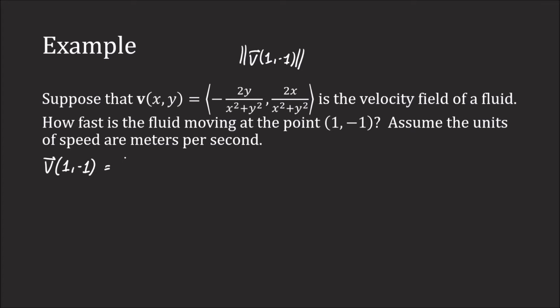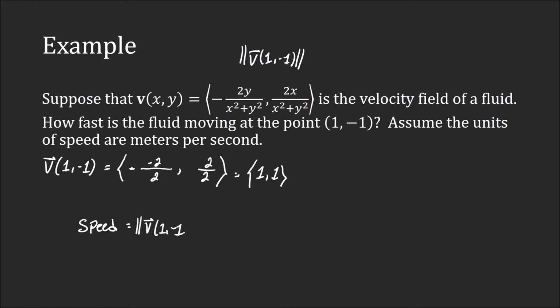Doing this, we'll get negative negative 2 over 2, comma, 2 over 2. So we just get the vector 1, 1. Now we can just take the magnitude of this, and we get the square root of 2.